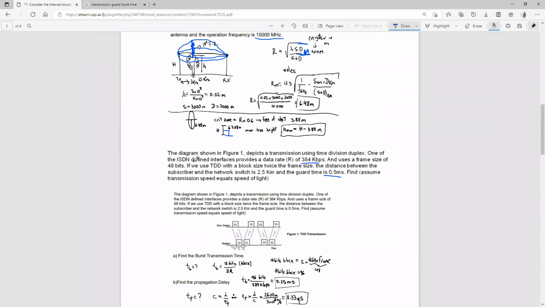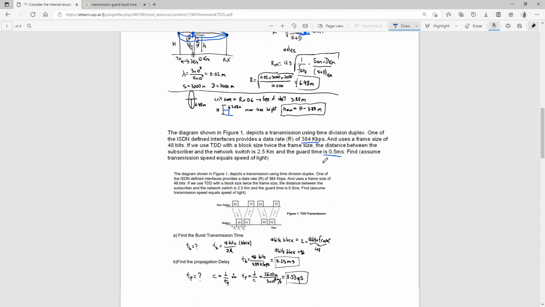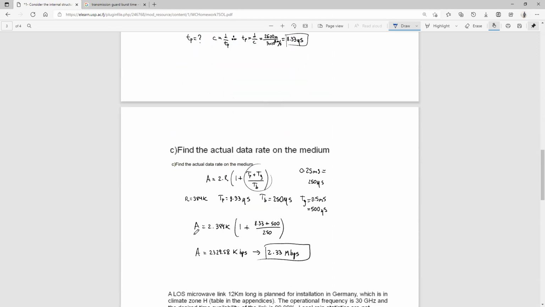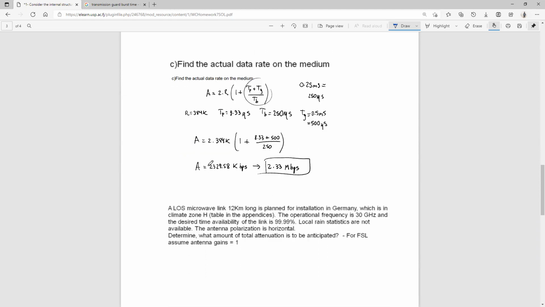ISDN defined interfaces provide a data rate of 384 kilobits per second, so that is the data rate being used. So we know our R value, our TP value, our TB value, and our TT value. Directly substituting these into this formula, we get our effective data rate, or actual data rate. That is going to be 2.33 megabits per second.